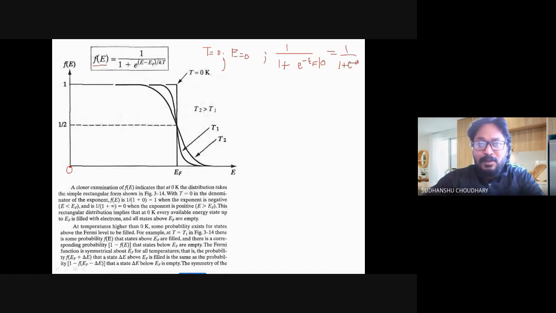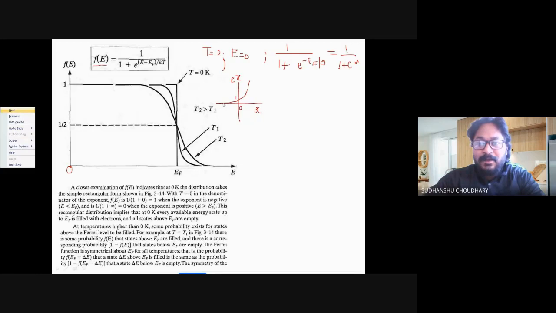So what is e to the power minus infinity? If you see the exponential function, e to the power x, at x equal to 0 the value is 1, and e to the power minus infinity is 0.